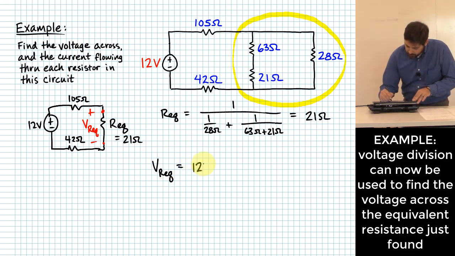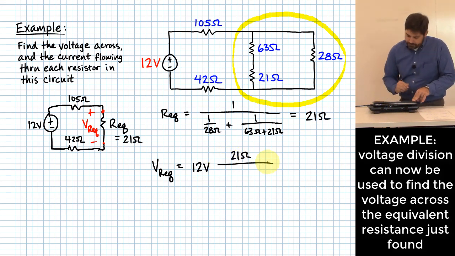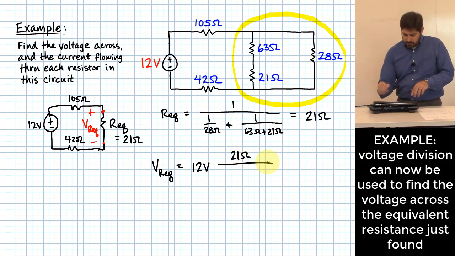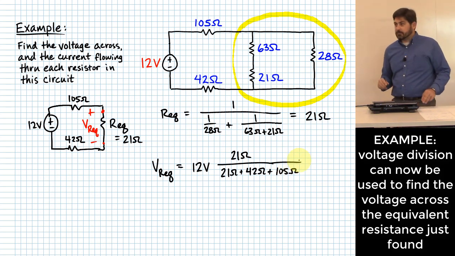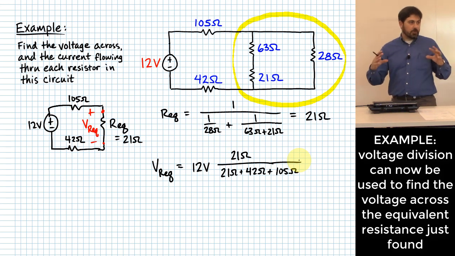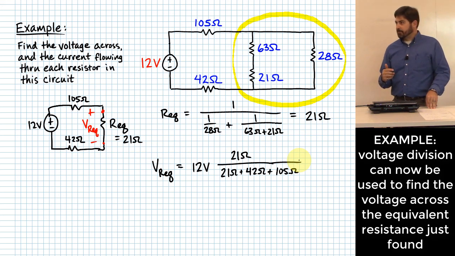Okay, it would be 12 volts multiplied by REQ, which would be 21 ohms, over 21 ohms plus 42 ohms plus 105 ohms. Right? That's kind of the more complicated form of the voltage division formula where I've got more than two resistors in series. Right?